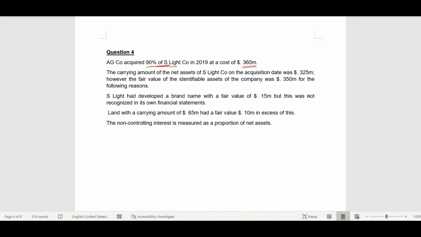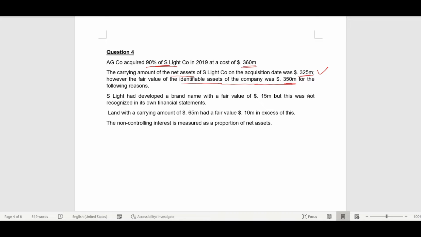The carrying amount of the identifiable net assets of S-Light Company on the acquisition date was 325 million. However, the fair value of the identifiable assets of the company was 350 million. This was the carrying value, 325. However, this was the fair value for the following reasons.